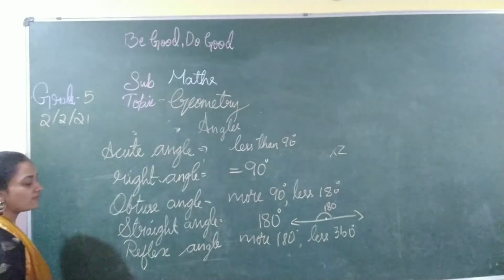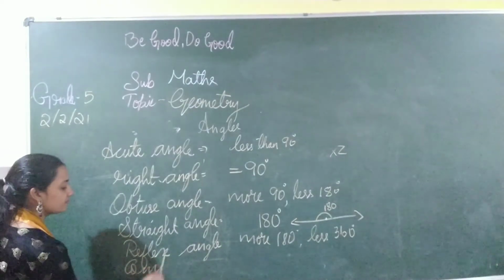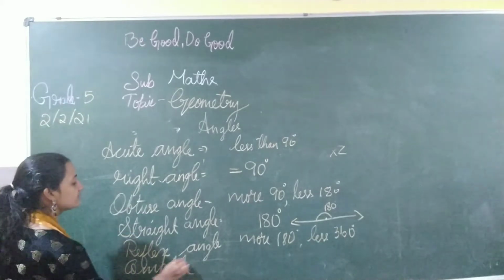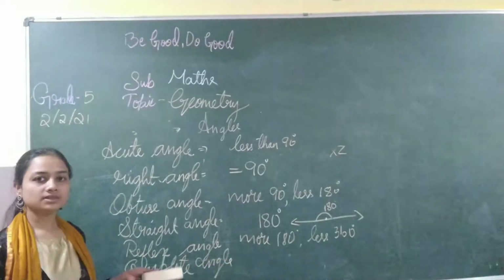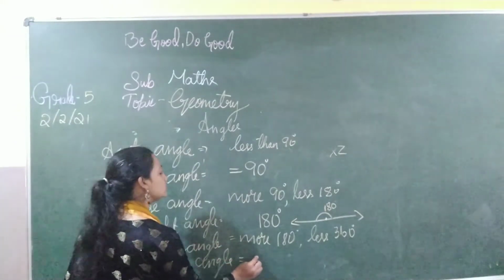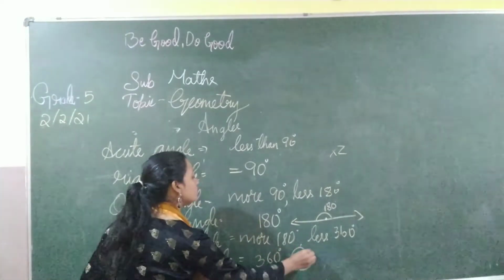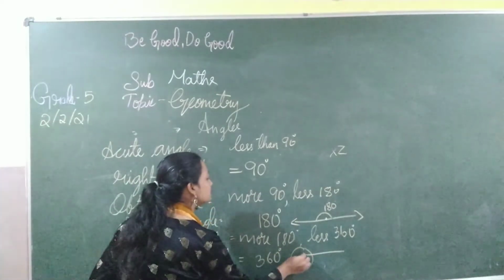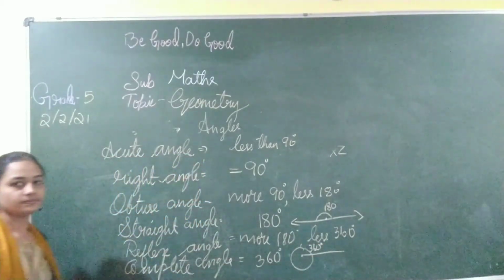The last type of angle is the complete angle, that is when the angle has one round completed. Such type of angle is called complete angle.